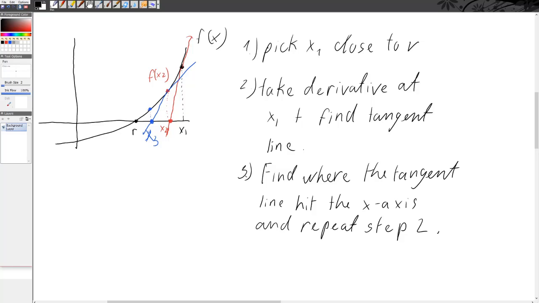Repeat step 2. So how does this actually work in terms of actually approximating these things? Let's consider x1. If we take the derivative of f of x at x1, the equation of tangent line is going to be given by y minus f of x1 equal to f prime of x1. Just note that this right there is the derivative, which is also the slope of the tangent line.